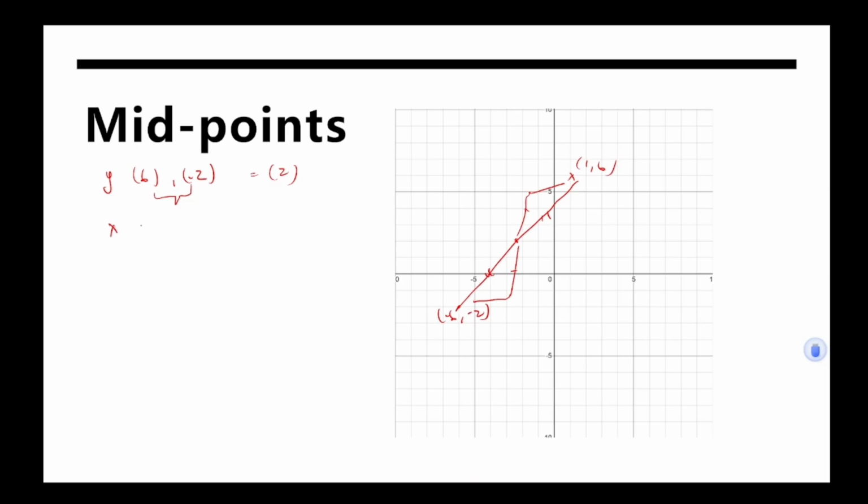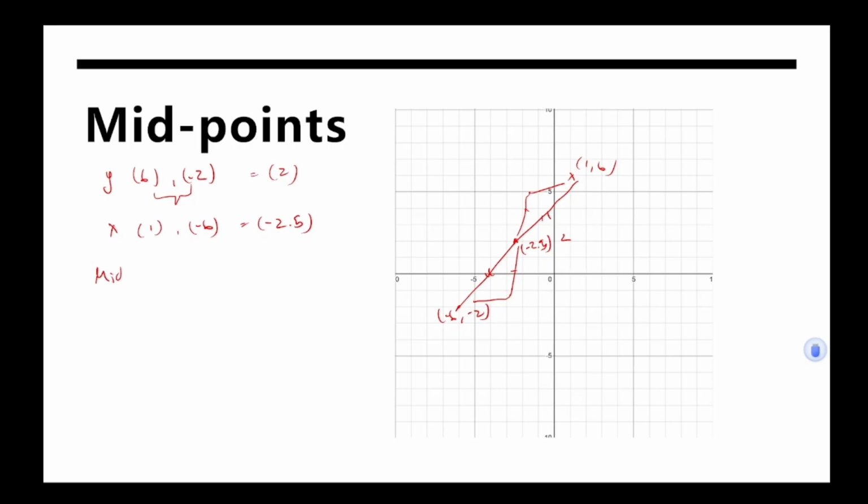And for x, the first value is 1, the second value is -6. The midpoint will be -2.5, because -6 adding 3.5 is -2.5, and -2.5 adding 3.5 is 1. So their midpoint will be 2 and -2.5.